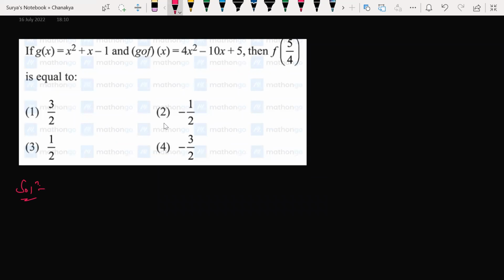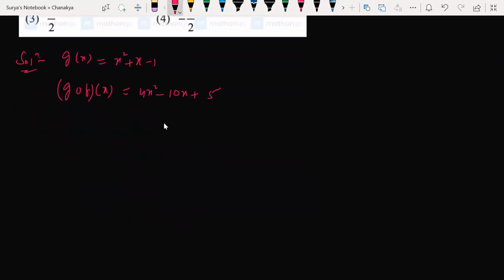So g of x is given as x square plus x minus 1, and g of f of x is equal to 4x square minus 10x plus 5, right? So this can be written as g of f of x equals 4x square minus 10x plus 5, correct?